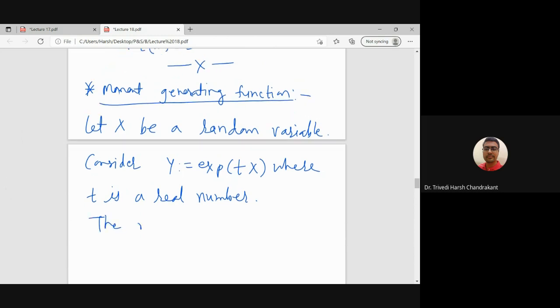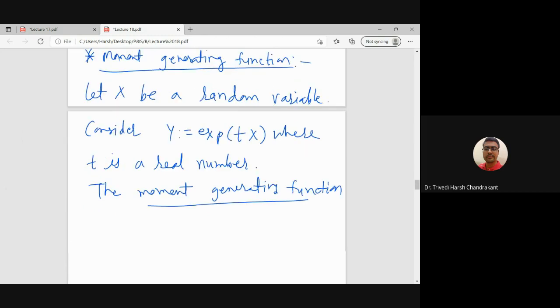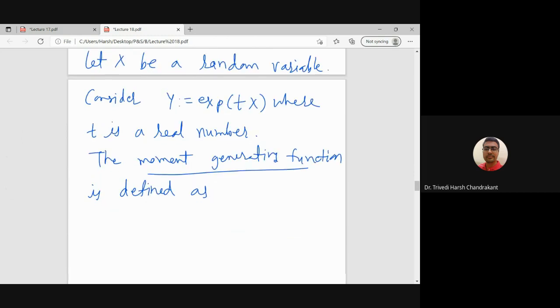The moment generating function is defined by M_X(t), that is, M corresponding to the given random variable capital X at t, defined as expectation of e power tx, right?